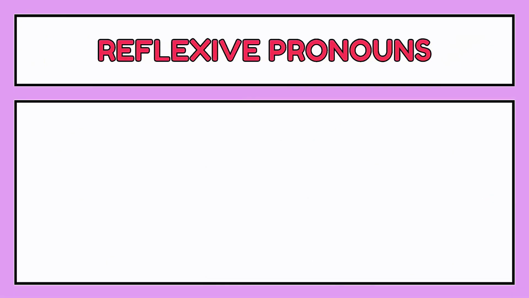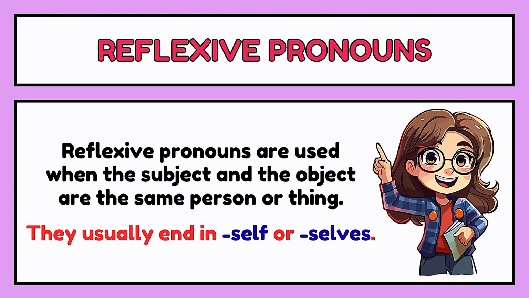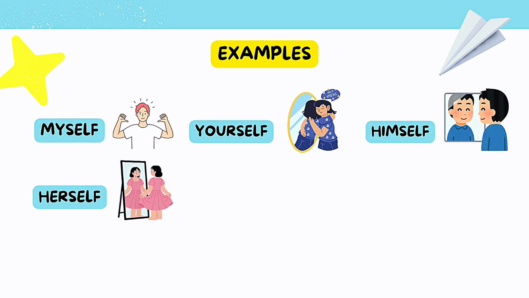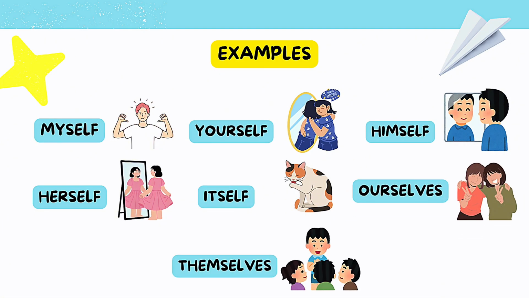3. Reflexive pronouns. Reflexive pronouns are used when the subject and the object are the same person or thing. They usually end in self or selves. Examples: myself, yourself, himself, herself, itself, ourselves, themselves.